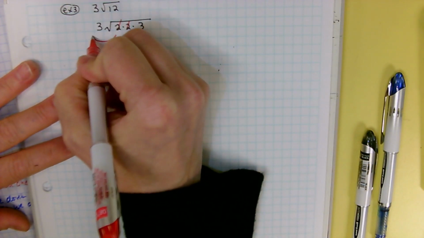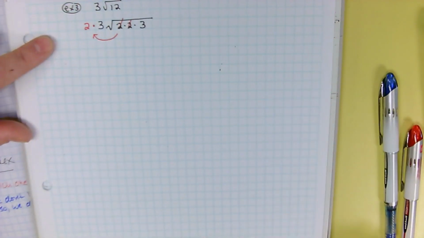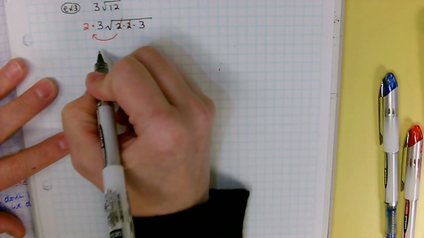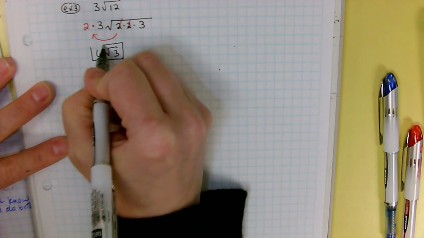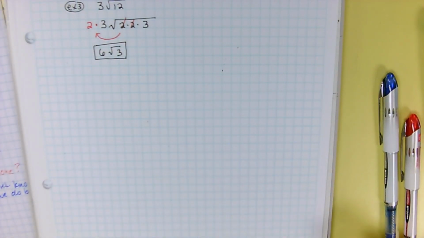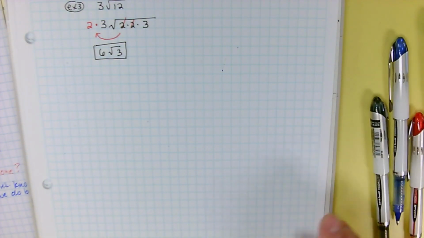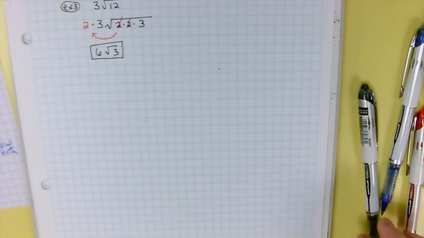I have 2 2's, 1 comes to the front. It gets multiplied by any other scalars that are out there, and I end up with 6 radical 3. And that is, of course, the exact answer.